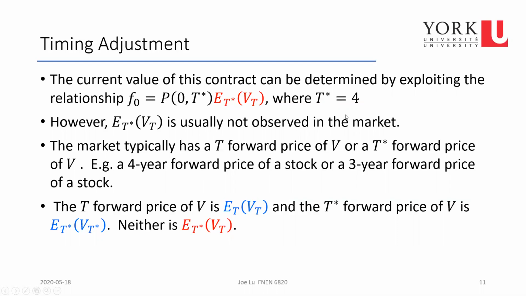Now in our problem, we don't have V at T star. We have V at T. So it's not the realized value at T star. The payment is according to the realized value at T, which is a period earlier. But the expectation here is based on a zero coupon bond that matures at T star rather than T. So we have a mismatch.